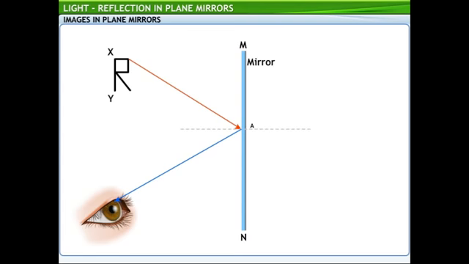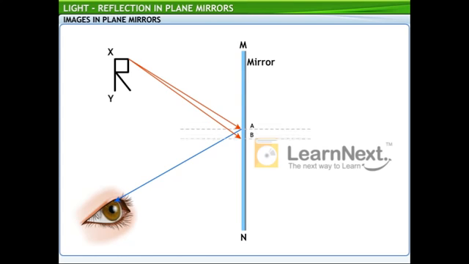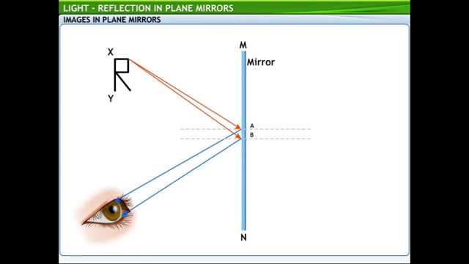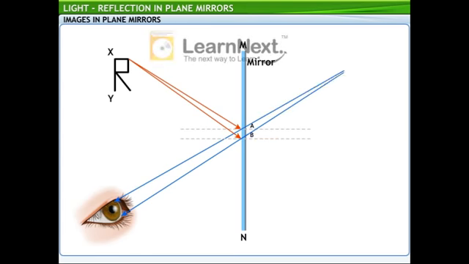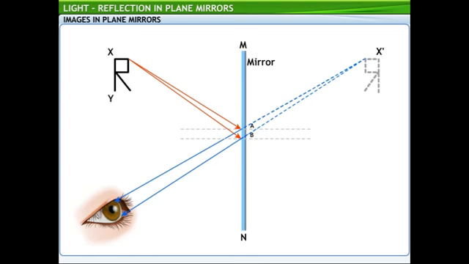From the same point X on the object, another light ray is incident on the mirror at point B, and the reflected ray travels to the eye. The two reflected rays from A and B are divergent. When extended behind the mirror, these rays meet at X dash. Thus, the image of the point X on the object is formed at X dash.